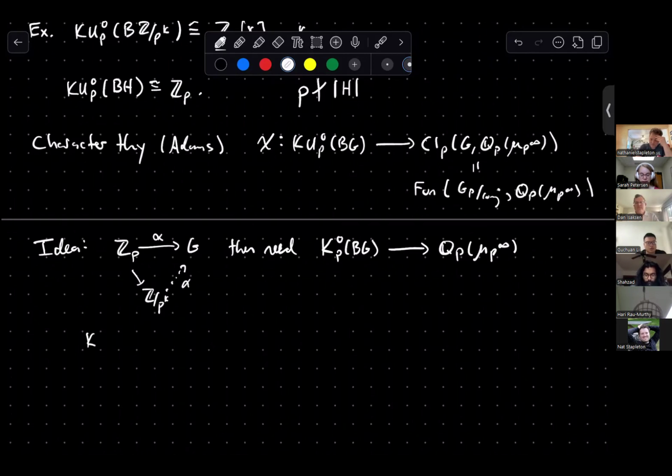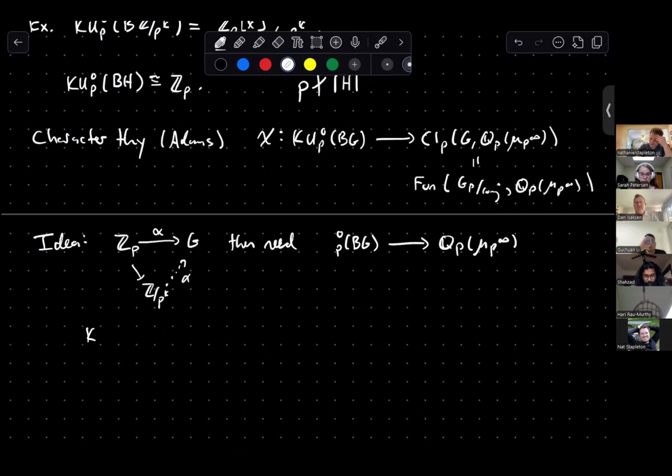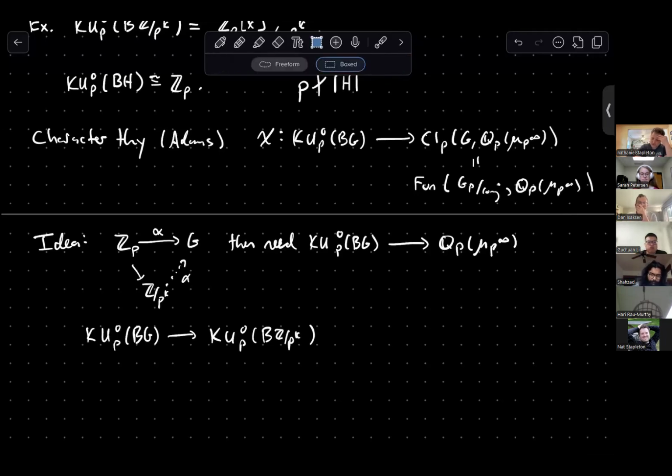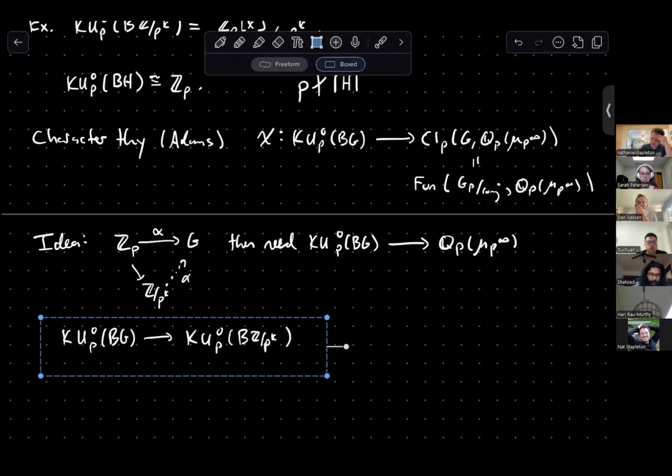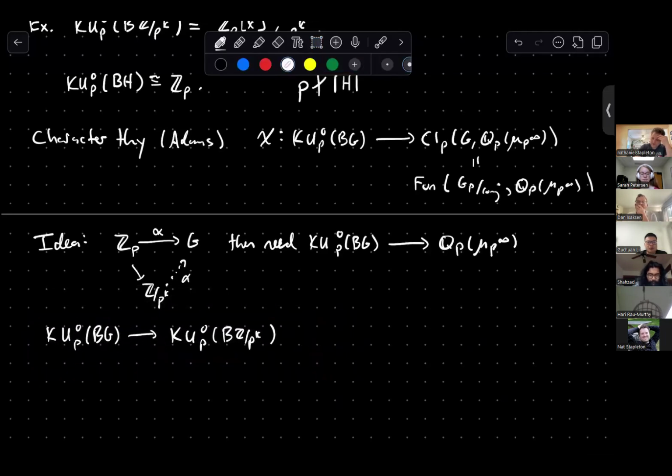So I get a map from KU naught of BG to the p-adic K-theory of B Z mod p to the k. And we just said what that is. So that's isomorphic to the p-adic integers adjoin x mod x to the p to the k minus 1.